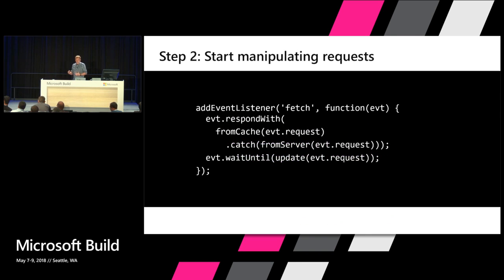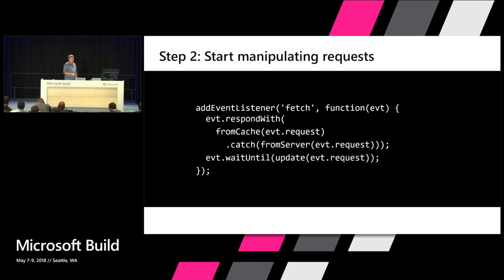Okay, then the second thing is actually the code that runs in the service worker file. It's called a service worker because it's a type of web worker. So it runs independently, it does not have DOM access, but it has an event listener for a fetch. A fetch event happens anytime a network request is made. It doesn't matter if it's for XHR or an image or HTML page.